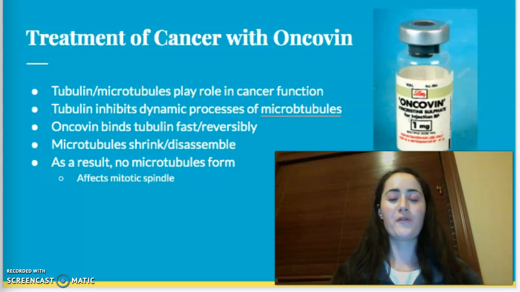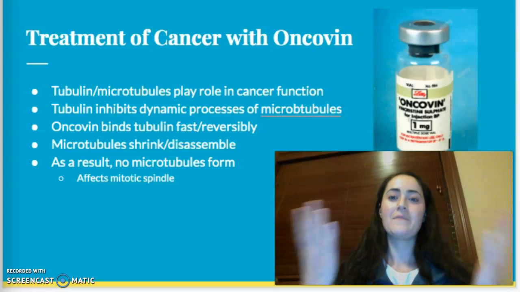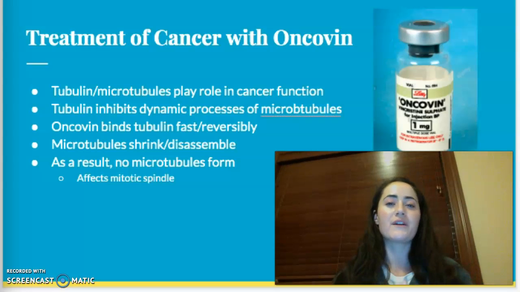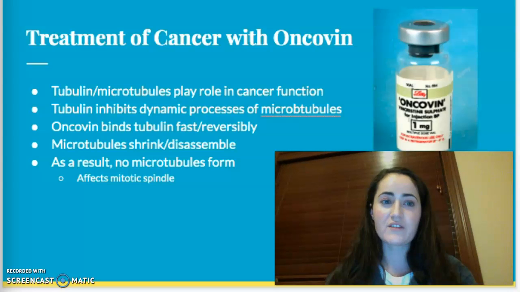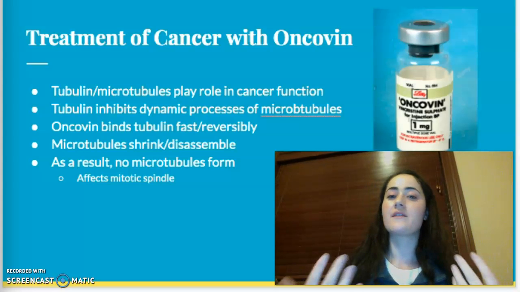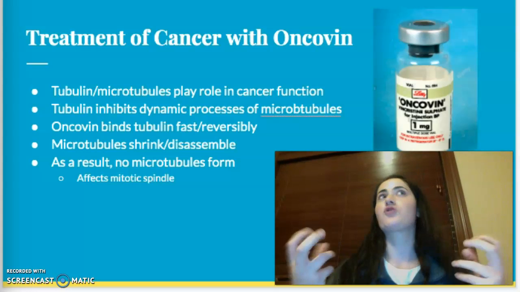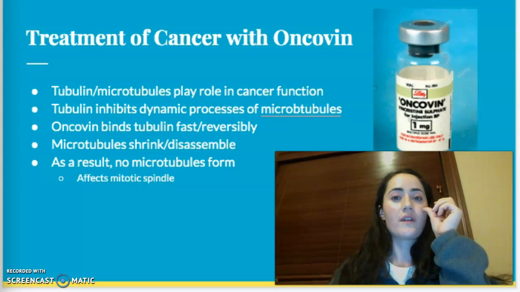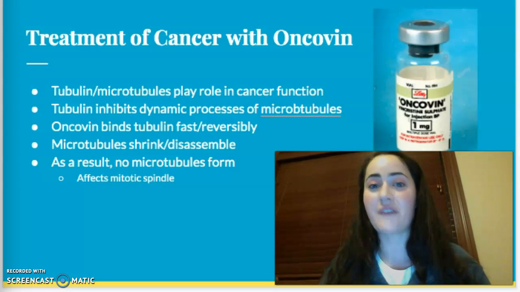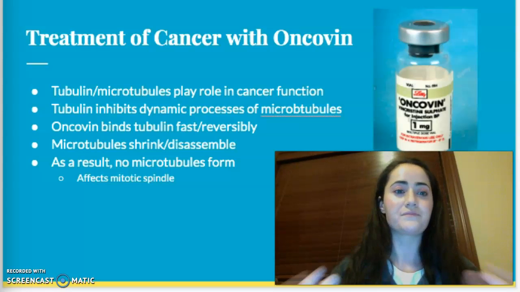So, overview, big picture again. Oncovin, a drug used for cancer therapy, inhibits the polymerization of tubulin subunits, so microtubules are not able to form. Because of that, you're not able to create the separation of DNA or sister chromatids that is so necessary for mitosis and cell division, so the cell's not able to divide, and as a result, apoptosis occurs.